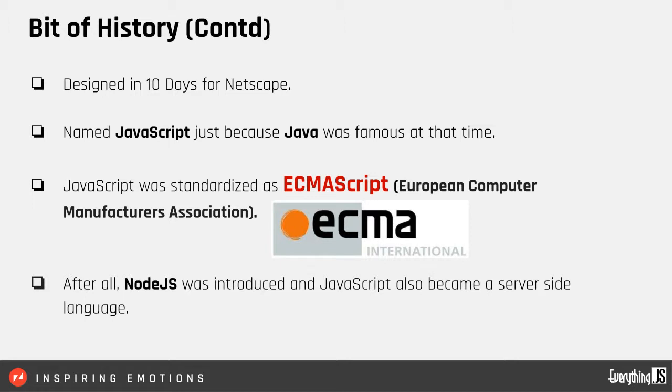Or is there a spec saying, okay, this is how the language should behave, these are all the features the language has, and all the browser vendors and whoever uses it has to implement the JS spec and expose the language? So that is the way JS is standardized and how it works.